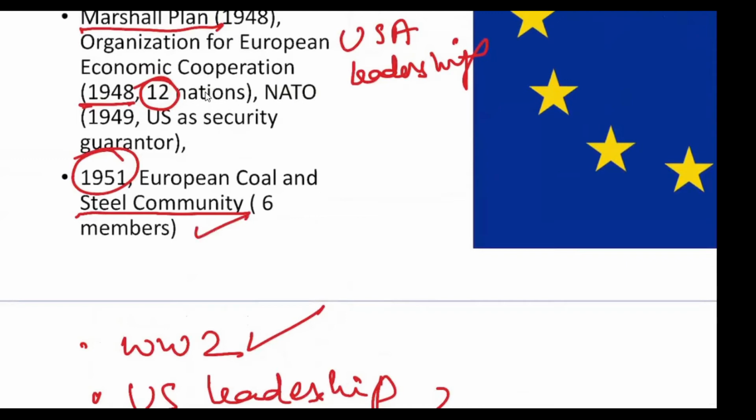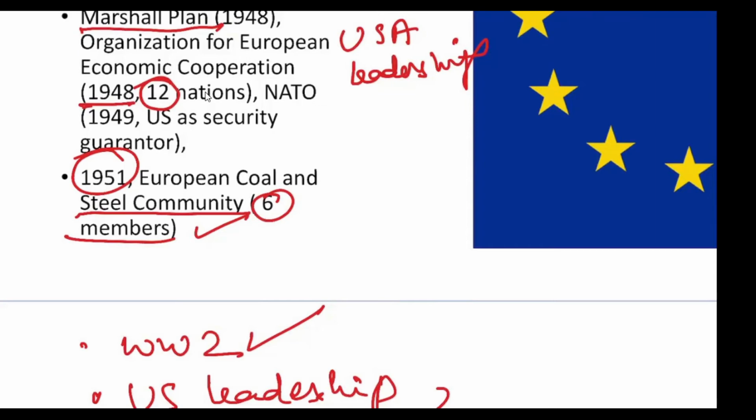Steel is important for so much of manufacturing, production of many things that are needed for war. But only 6 members. This is one important idea of integrating. For example, they create an institution, but they don't force it on others. So nations join gradually, slowly, willingly.